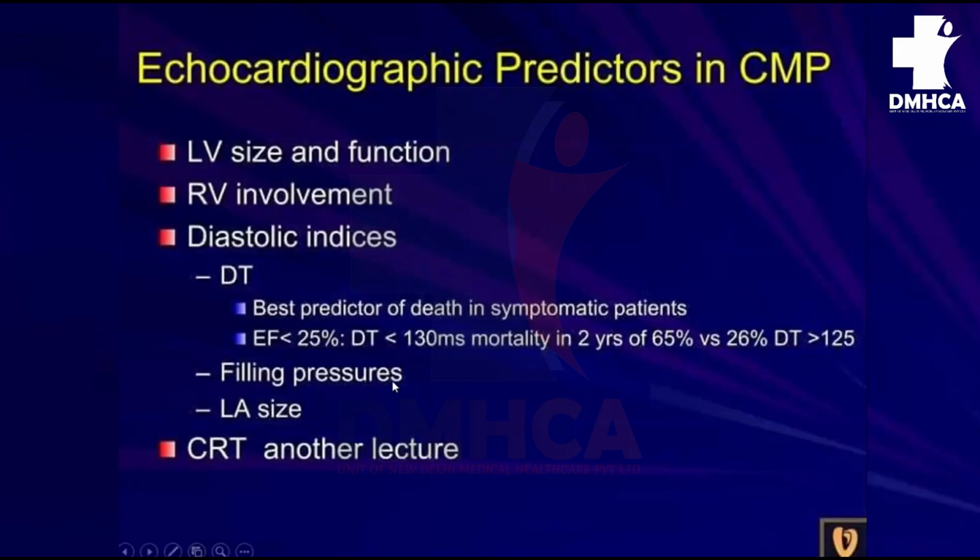So LV filling pressures, and whether LA is also dilated or not. In this type of patient, when you take an ECG, if it is a LBBB pattern or an RBBB pattern with QRS more than 140, then CRT is indicated, one of the procedures for the cardiac patient.